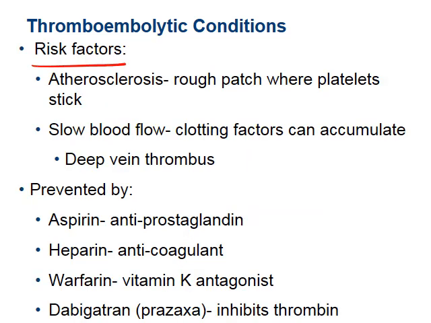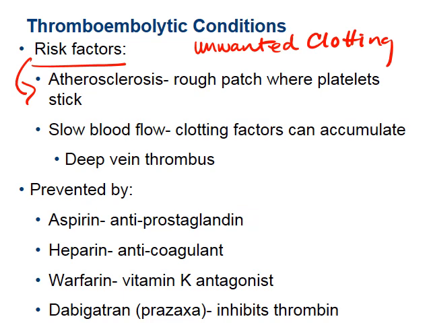So what are some of the risk factors for these unwanted, I'll just remind you, what is a thromboembolytic condition? Unwanted clotting. So if you have unwanted clotting, a risk factor could be atherosclerosis. So this is a rough patch. It's usually fats or cholesterol. It's a plaque buildup, right? And the platelets will start to stick.